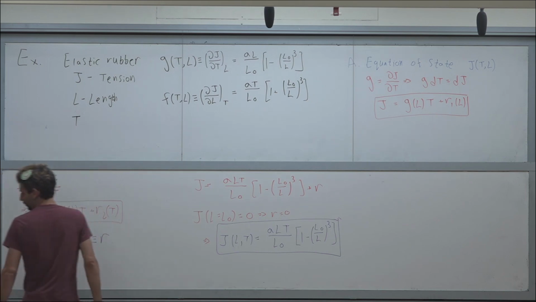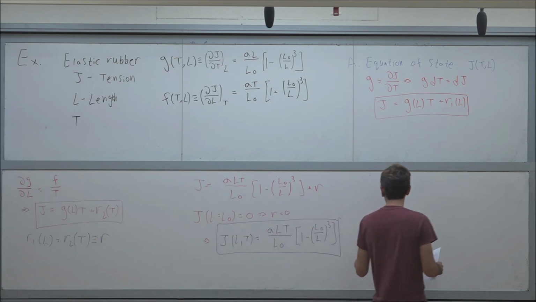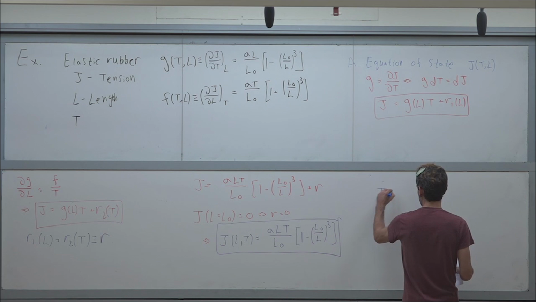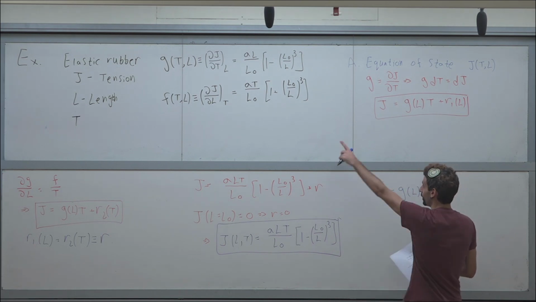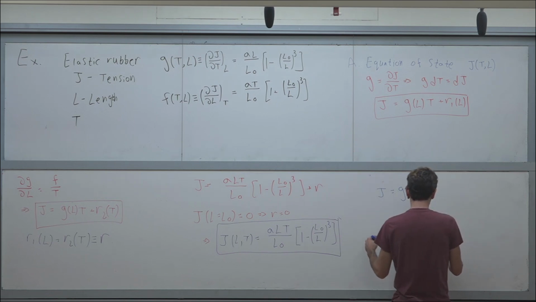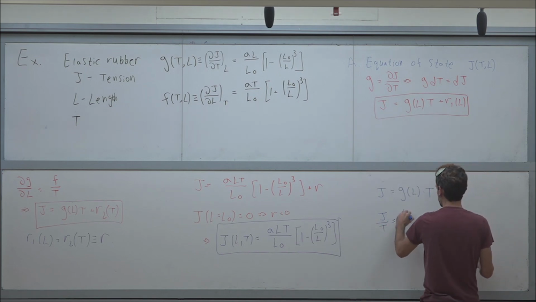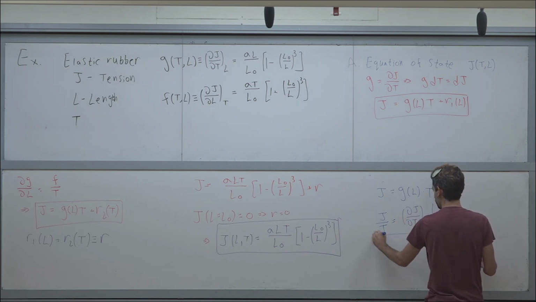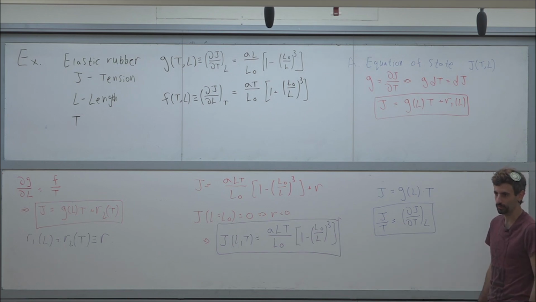J equals G(L) times T, meaning that J over T equals G, and if we plug in G, the definition is the derivative of J over T with L constant. I just state it now because we need to use it in the next part.